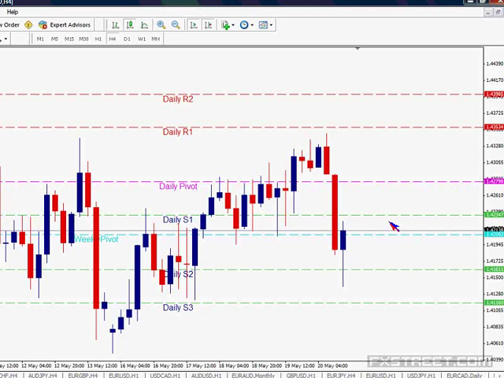The higher the range the pair moves on a daily basis, the longer the distance between levels, and the more clean zones I have to trade from one level to the other. That's the general concept. Keep that in mind also.